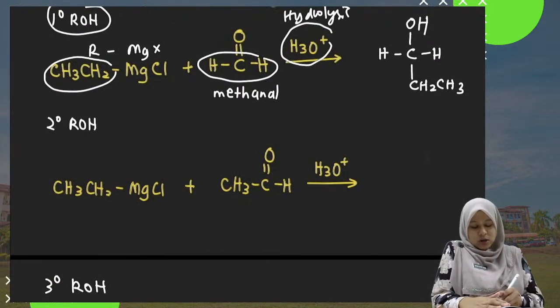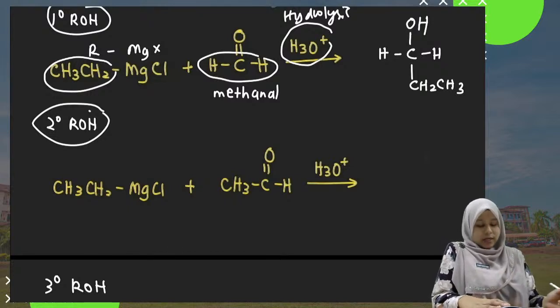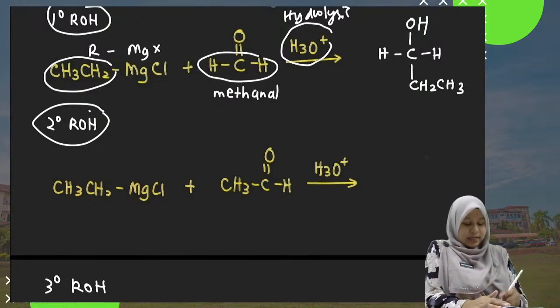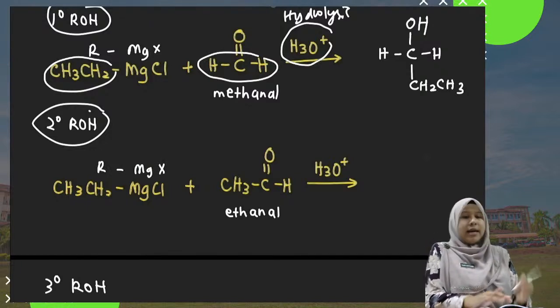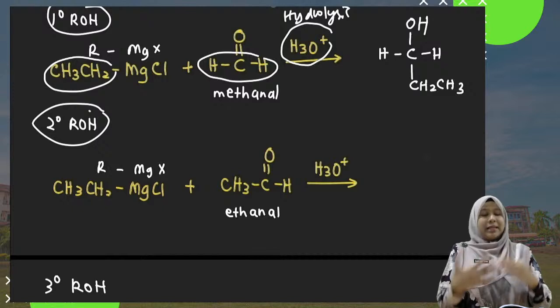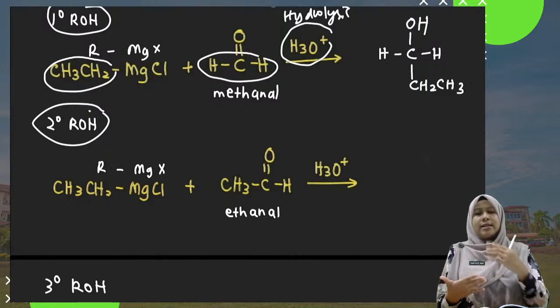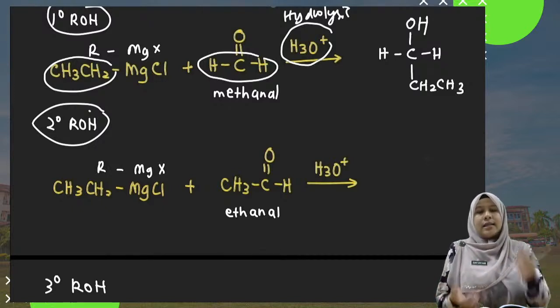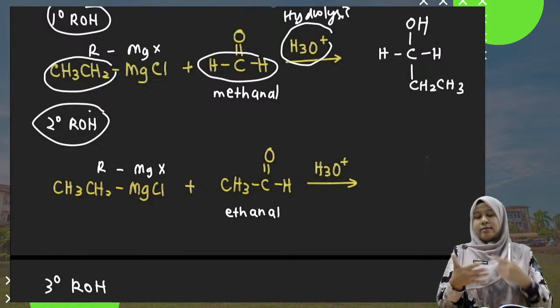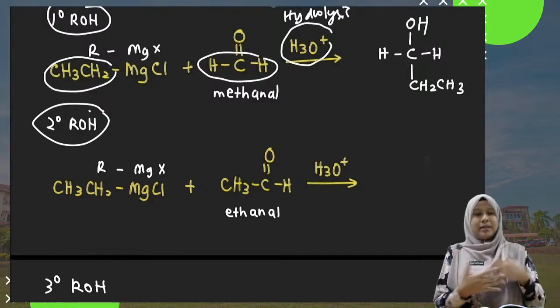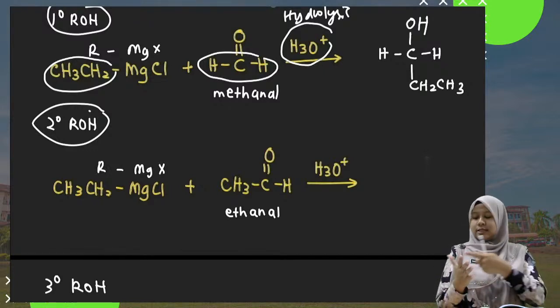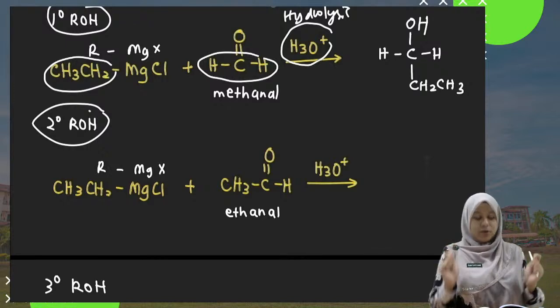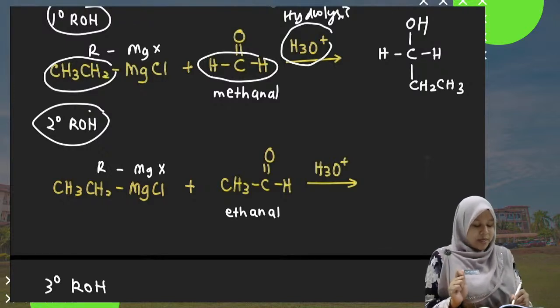Okay, then kita tengok kepada secondary alcohol. Untuk secondary alcohol sama juga, kita react Grignard reagent RMgX dengan ethanal and so on. Maksudnya kalau metanal tadi react dengan Grignard hanya untuk hasilkan primary alcohol, tapi kalau nak hasilkan secondary, kamu kena react dengan aldehyde except metanal. Maksudnya start daripada ethanal, propanal, butanal and so on. Dekat sini macam structure tadi, kena hydrolysis.